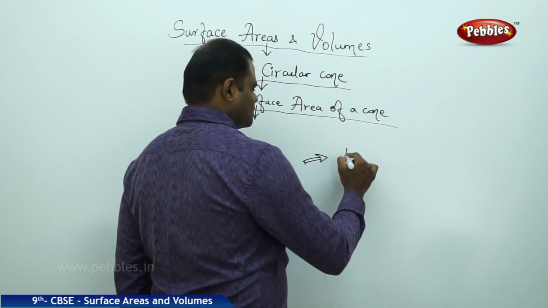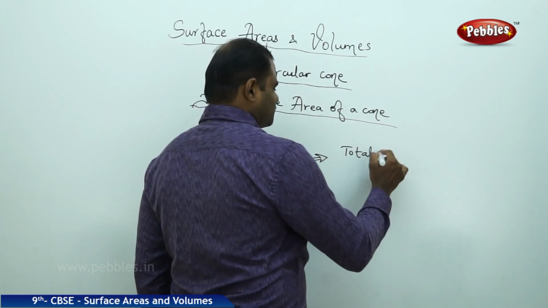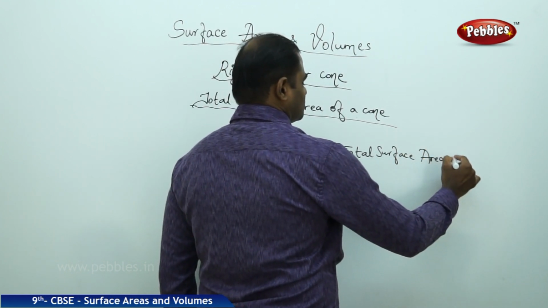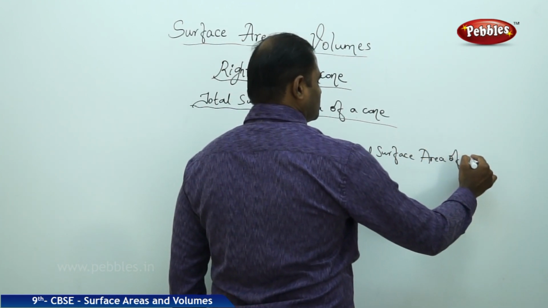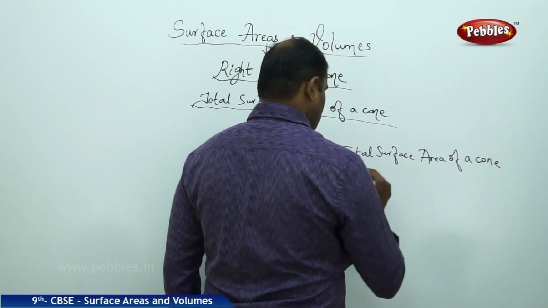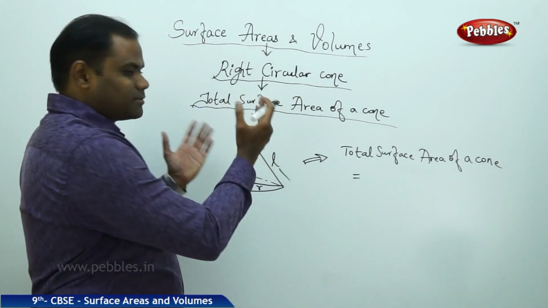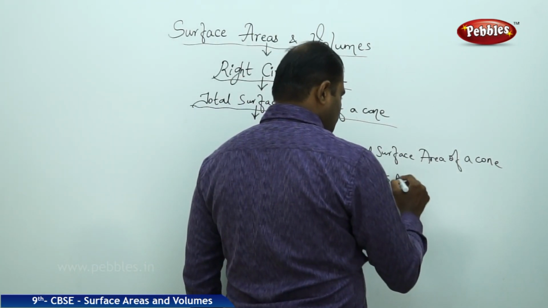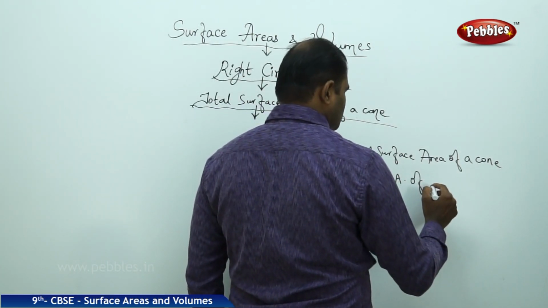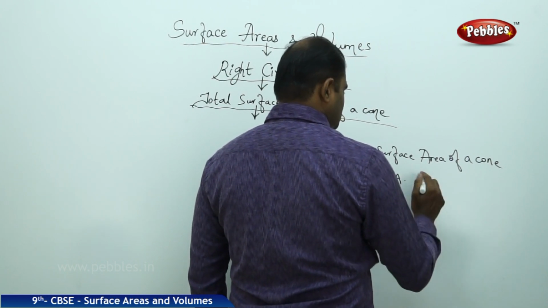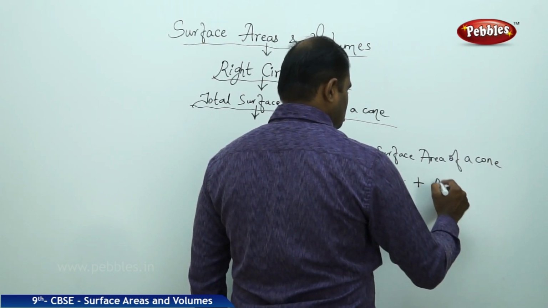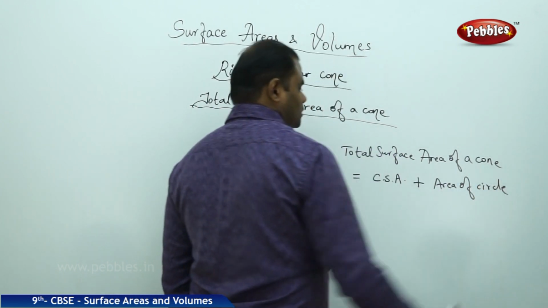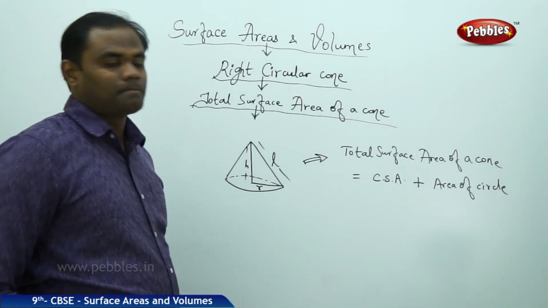So clearly the total surface area of a cone is nothing but the curved surface plus the circle, is curved surface area plus area of circle, which is obviously the bottom.